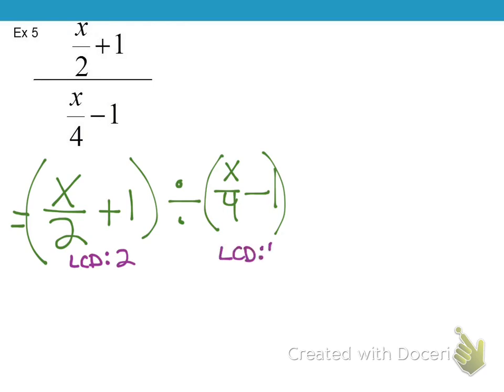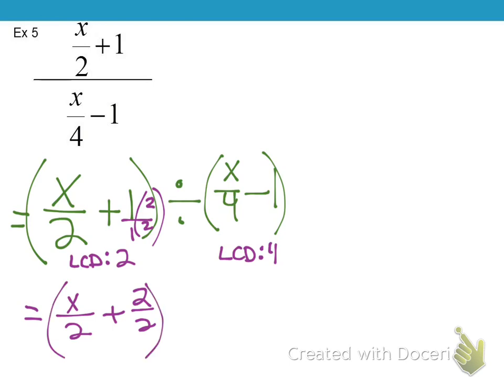What's my LCD going to be in the back? That's the 4. Good. All right, so this is going to be x over 2 plus what? 2 over 2. Good. Think of that as 1 over 1, and then you're multiplying 2 and 2.